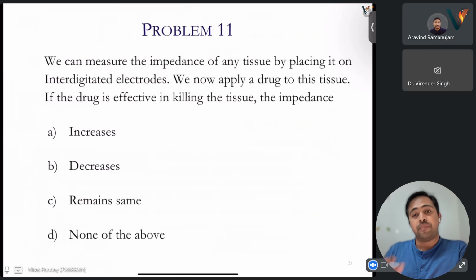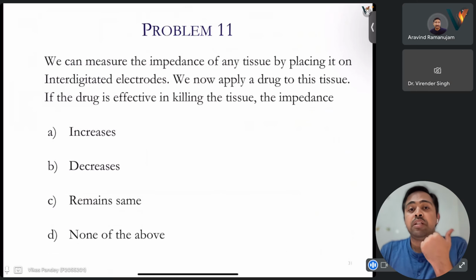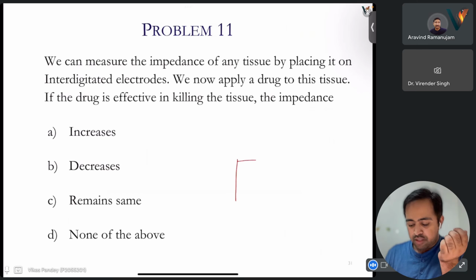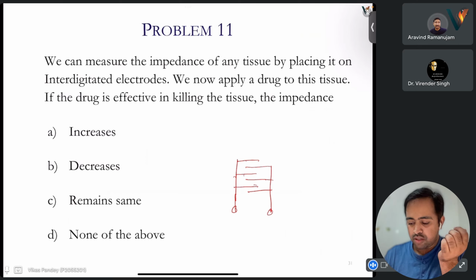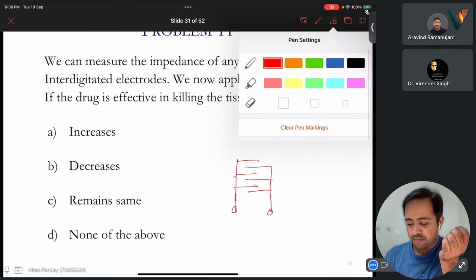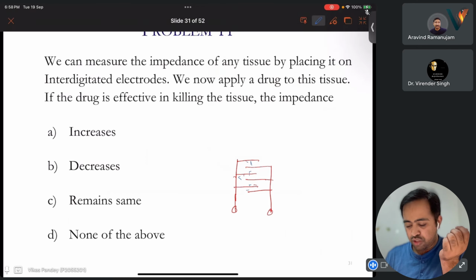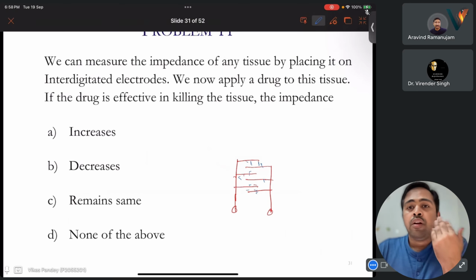Now let's come to another question. We can measure the impedance of any tissue by placing it on an interdigitated electrode. So we have this ID pattern, and we put the tissue over it, and we can measure the impedance.